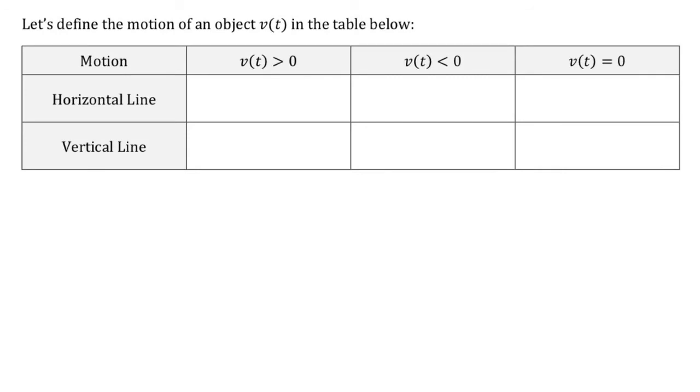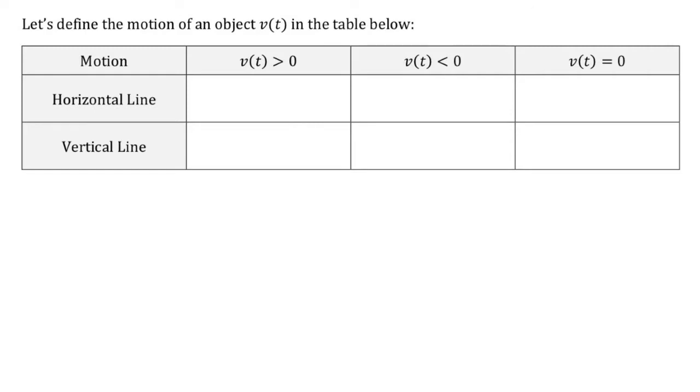Now, when we start talking about all these different functions, all of them have specific things that they do. So for the first one, if we're going to talk about how our motion is going with our velocity, we have to keep in mind a direction here.